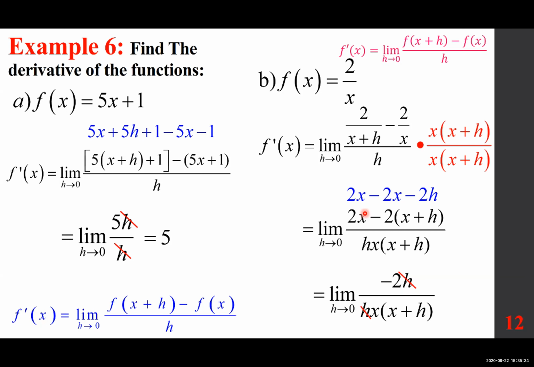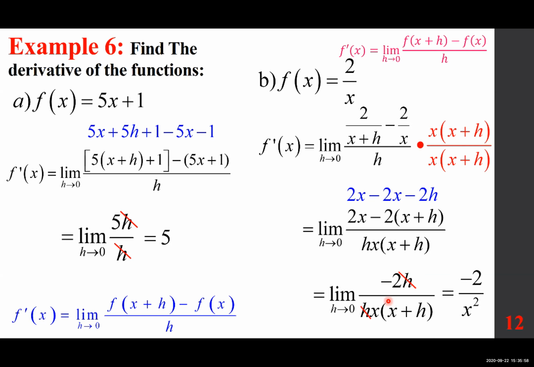And when you drop the common factor of h, the top has only -2, the bottom has x times x plus h. You're taking a limit as h approaches 0. Now we put h equal to 0. That means the parentheses becomes the same as x. So this is x times x, or x squared. And that is your final answer, class.